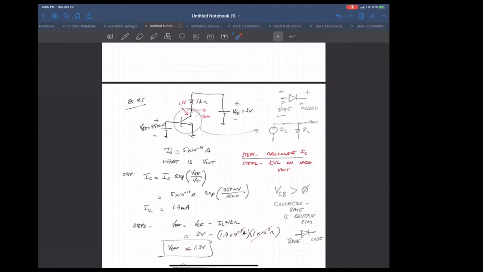The power consumption of this circuit, where the current goes from the VCE voltage source out to ground, is I sub C times V, which is the 1.3 milliamps we calculated times 3 volts. So that's about 3.9 milliwatts.